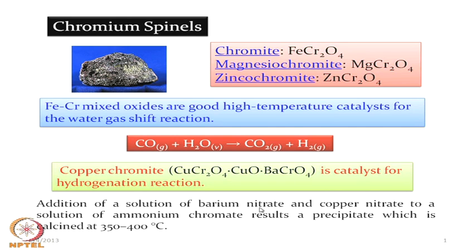So, the presence of ammonium nitrate in the medium is responsible for the reduction of the precipitated copper chromate at high temperature, say not at 500 degree centigrade, but less than that, in the range of 350 to 400 degree centigrade. At this particular temperature, the ammonium nitrate present will be responsible for the reduction of copper chromate to copper chromite.